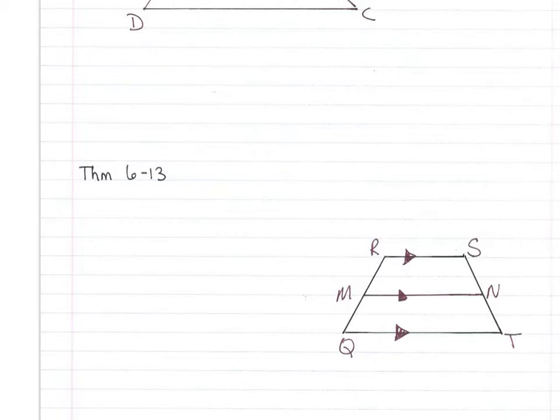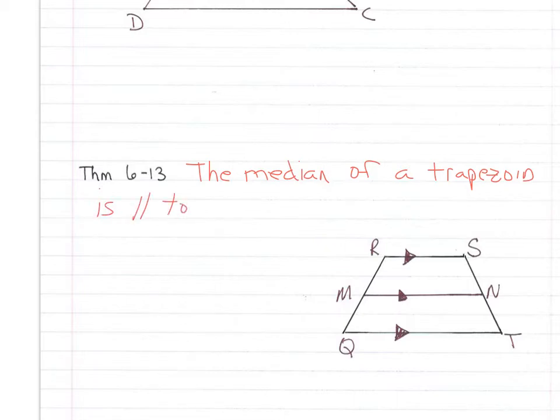Now, theorem 613, or the next theorem, tells us that the median of a trapezoid is parallel to the bases. If you just want to put trap and a period, that's fine.